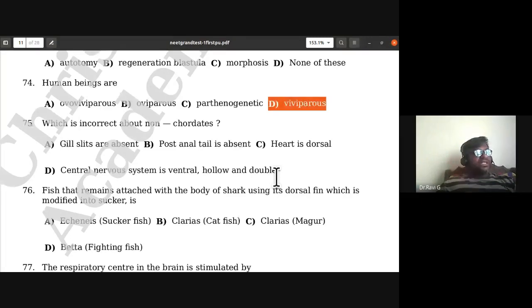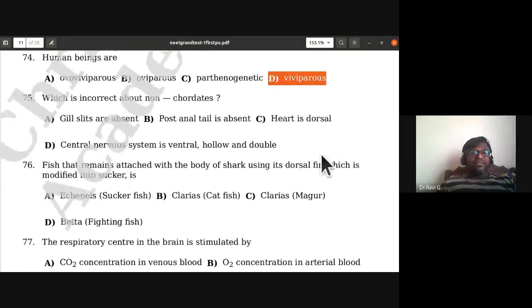74D, which is incorrect about non-chordates? Non-chordates or invertebrates. This is from phylum Porifera up to phylum Hemichordata. Okay, so the gill slits are absent, post-anal tail is absent, heart is dorsal.